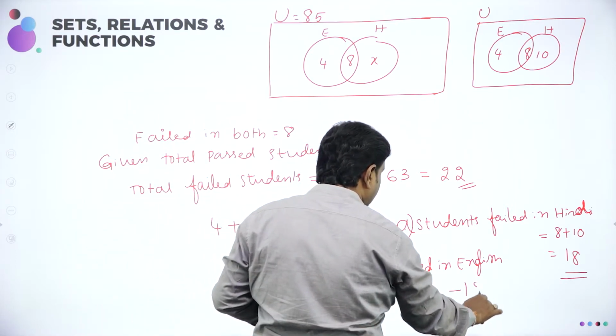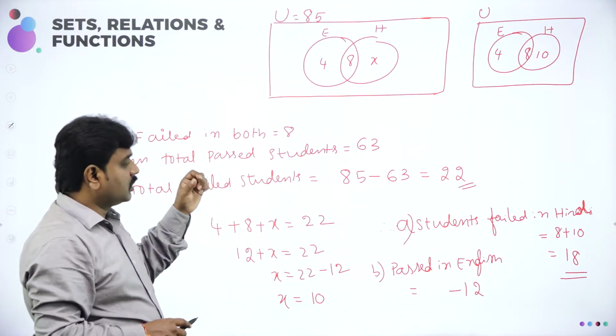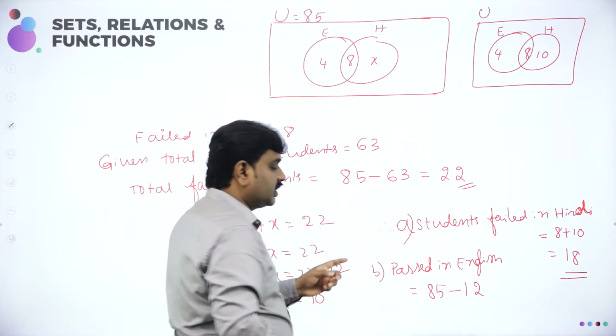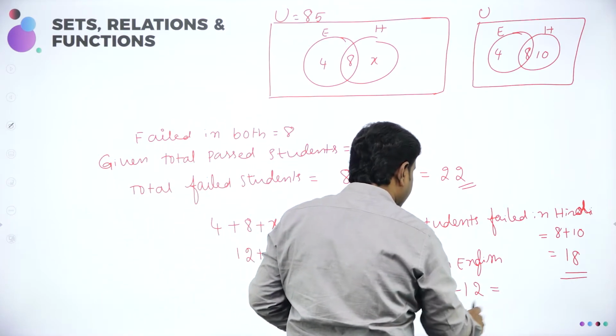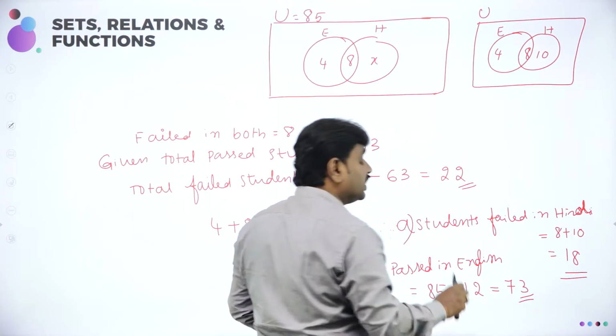Remove the failed students to get the passed students. Out of the 85 total students, if I remove the 12 who failed in English, how many passed in English means 85 minus 12. That will give you 73 students passed in English.